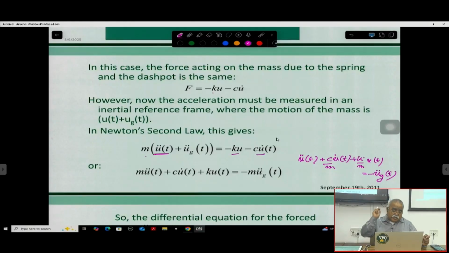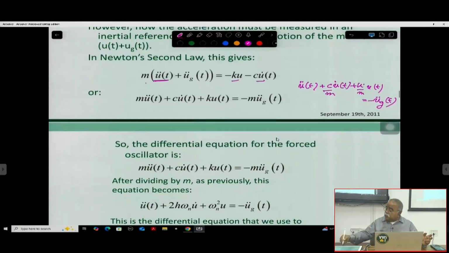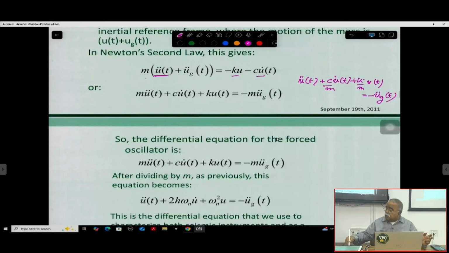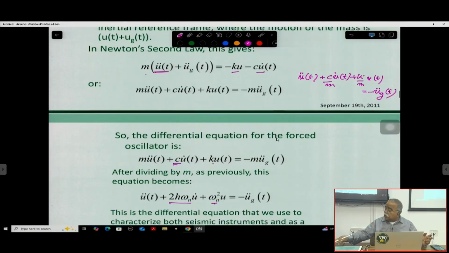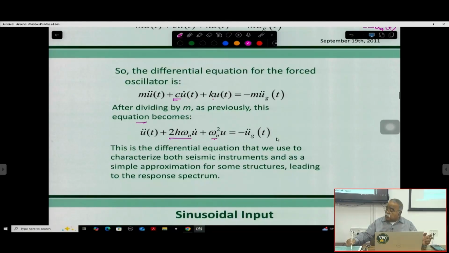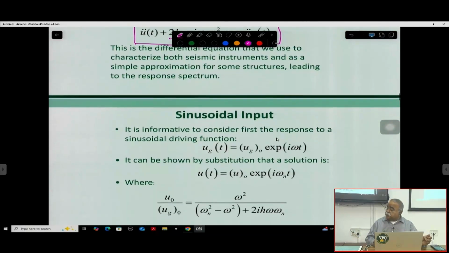That's the forced vibration we are getting, and then we can substitute the C by M value, which equals 2h omega n, and K by M equals omega n square. So that's our equation of motion for the structure when there is an earthquake, right?